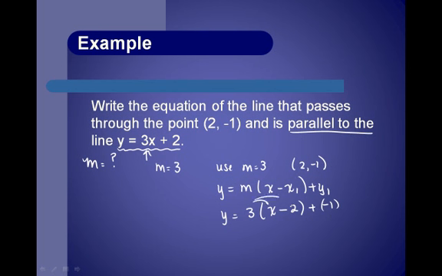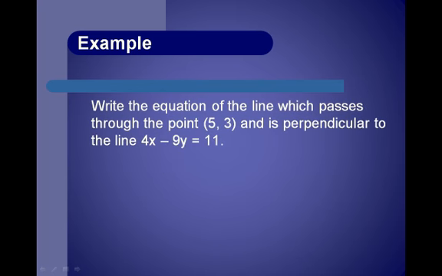So cleaning that up, we get y equals 3x minus 6 plus a negative 1. Combining like terms, we get 3x minus 7. So this is the equation of a line that's parallel to 3x plus 2, but passes through the ordered pair 2, negative 1. Let's do another example.